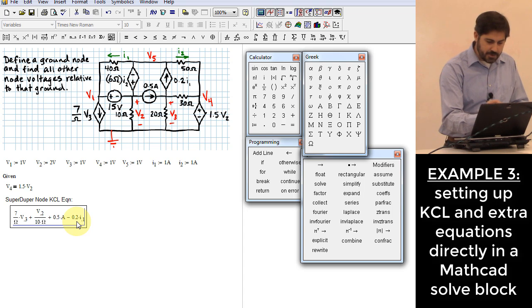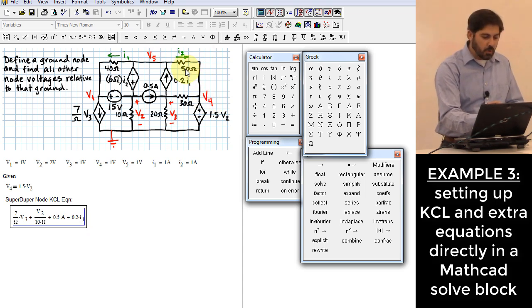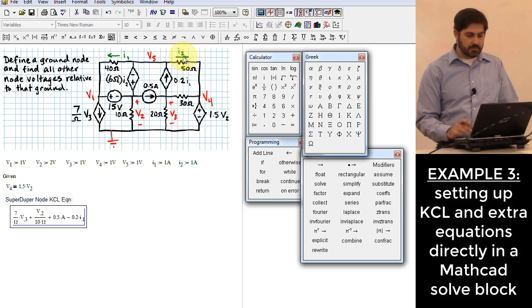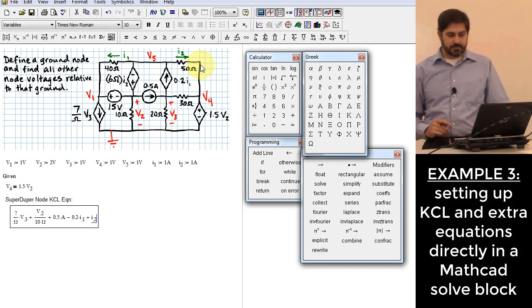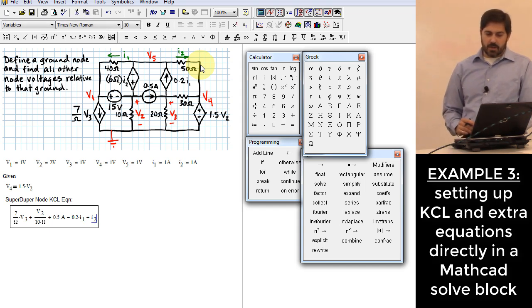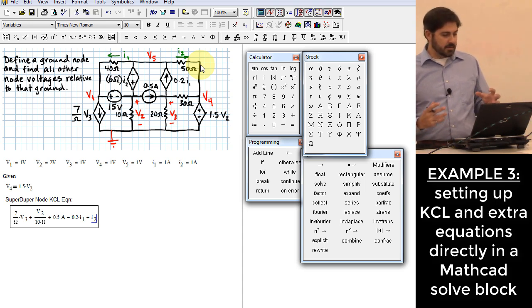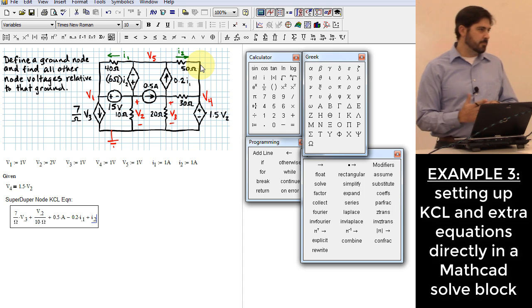Okay, I have V5 minus V4 over 50 ohms. Or I could just call that what? I2. Let me just call it I2, right? I2 is leaving, so I'll say plus I2. Okay? Any other place that current might be leaving this big super duper node?